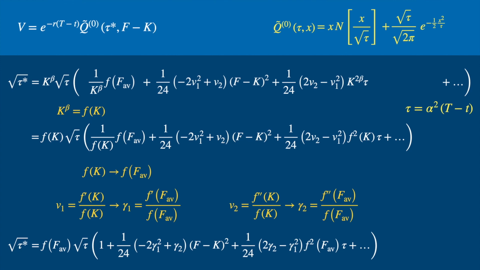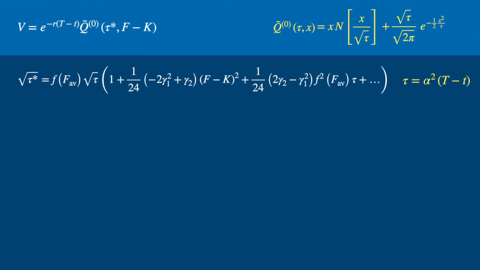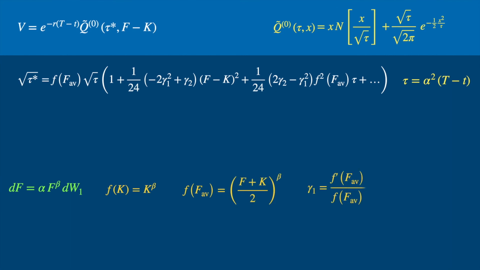We just need to deduce what form this tau will take for the Black model, which is the Black Scholes without the drift. Let's remind ourselves that we assume that the underlying follows the CEV process. Our function f was then a power function, which we evaluate at the average of f and k. Gamma 1 and gamma 2 are defined as follows.